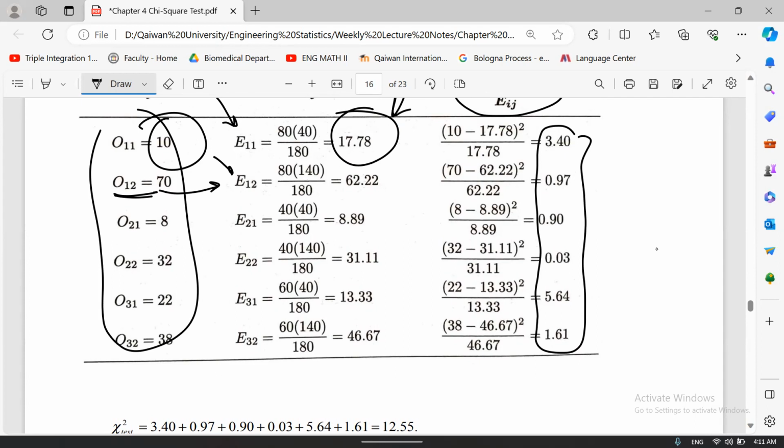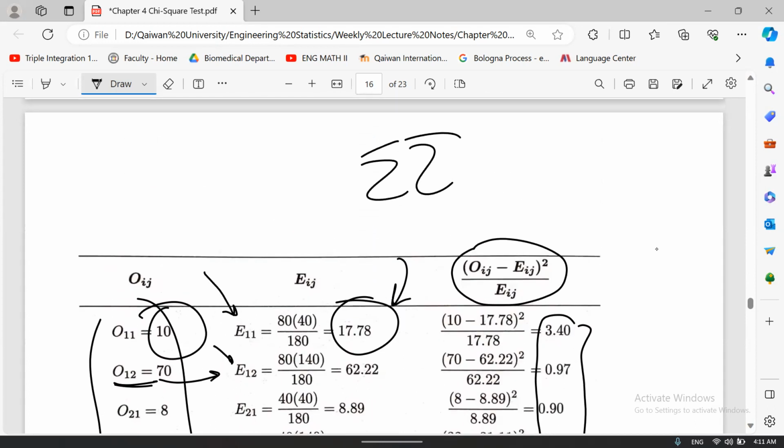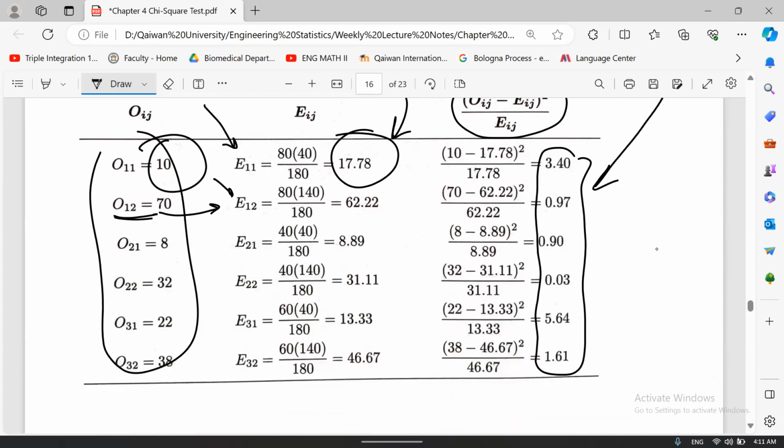So we say the sum, let's say i from 1 to k, j from 1 to, let's say, n, of O_ij minus E_ij squared dividing by E_ij. This double summation is the sum of these elements. We found each, then find the sum. That will be the result.